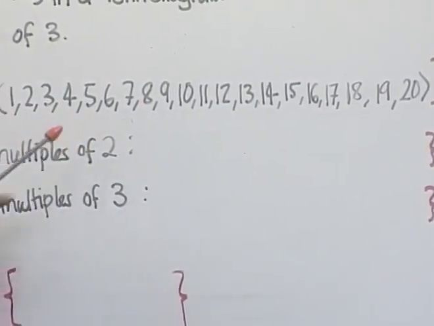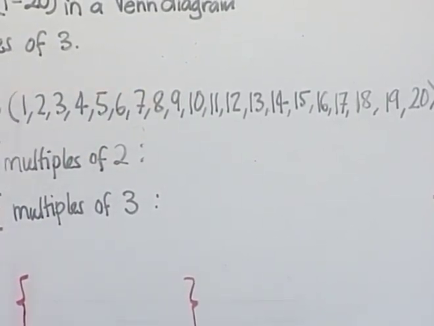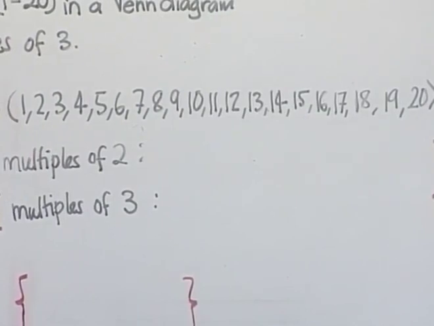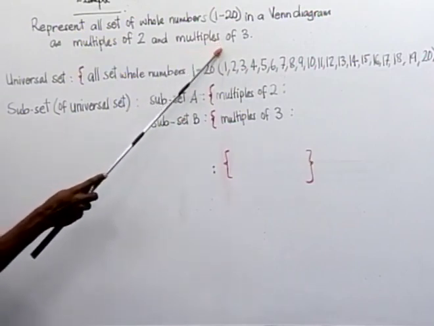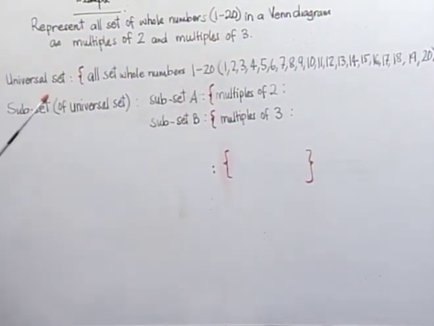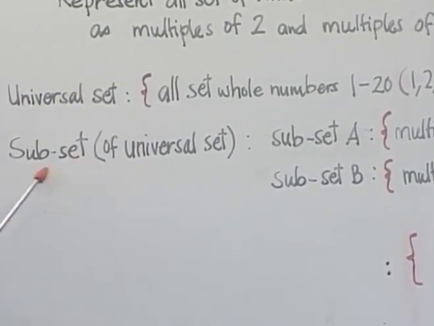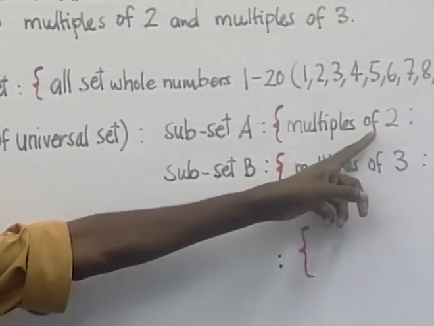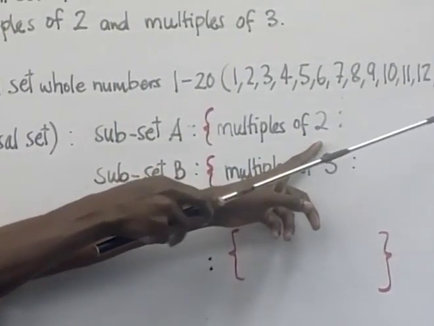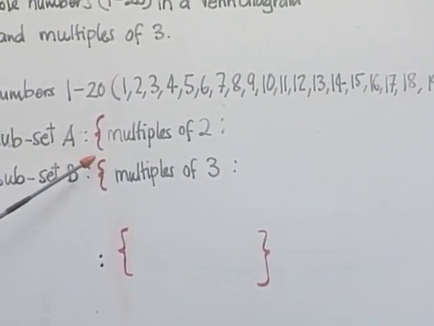We will try to use this whole set to have a subset, a small group of multiples of 2 and multiples of 3. So, from the universal set, we have the subset, which is a subgroup of the main group. And the subgroup of the main group is called the subset. So, the subset is multiples of 2 from the universal group. Okay? We have subset A, multiples of 2.